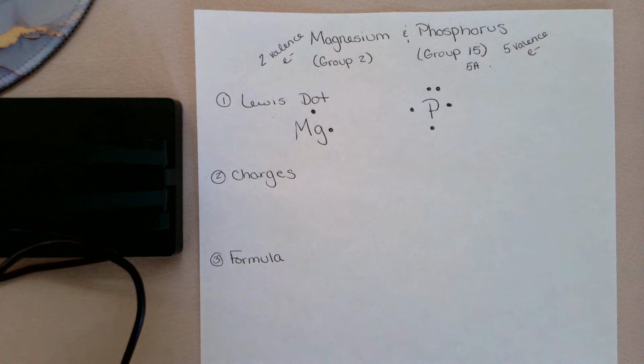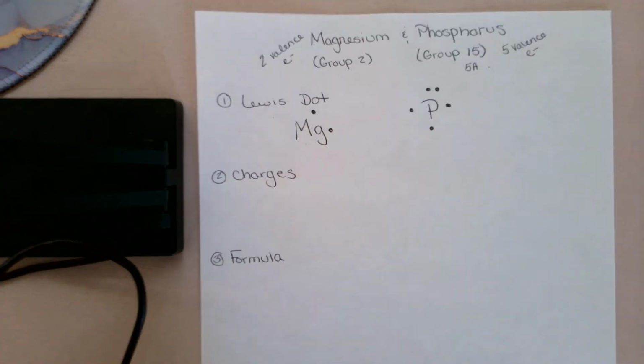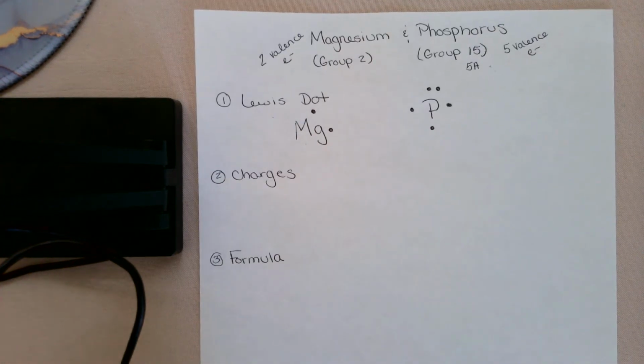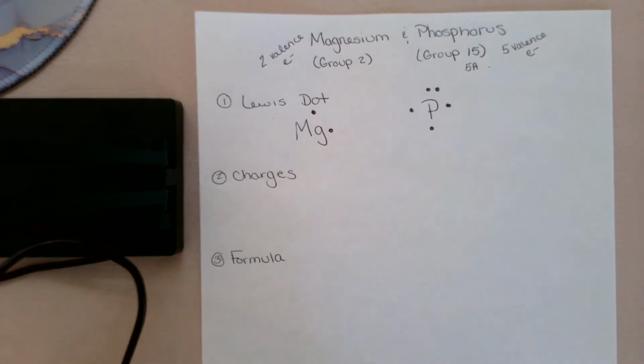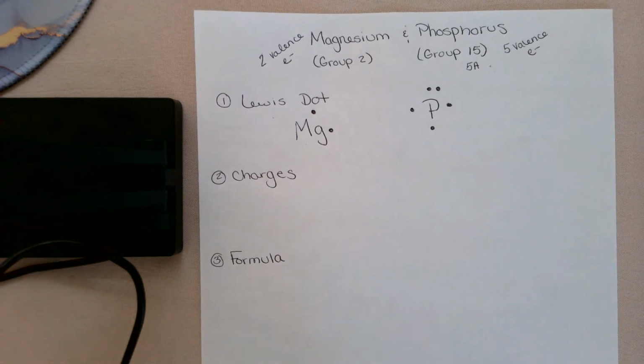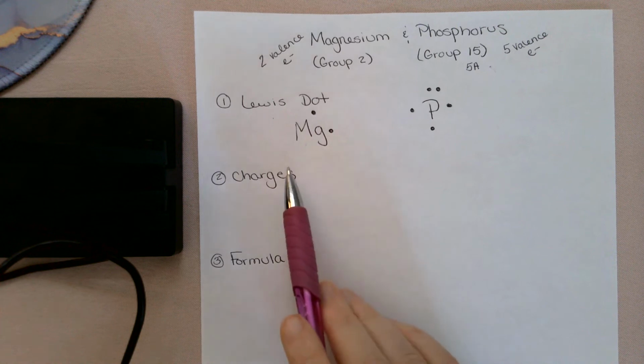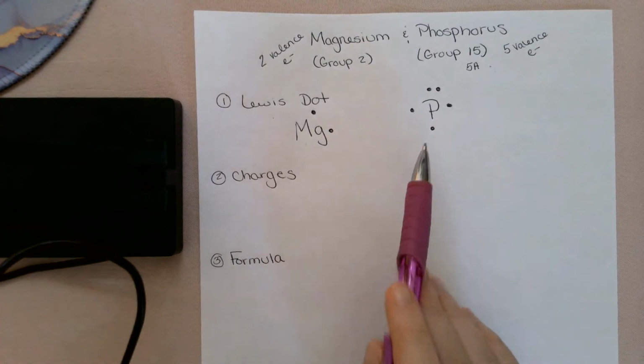Now, we know these can form an ionic bond because magnesium is a metal and phosphorus is a nonmetal. Magnesium is on the left-hand side of the table, phosphorus is on the right-hand side. So we know how to identify based on the position on the table whether something is a metal, a nonmetal, or a metalloid. We've done that already. So magnesium, metal, phosphorus, nonmetal.